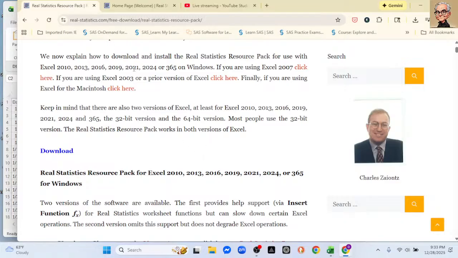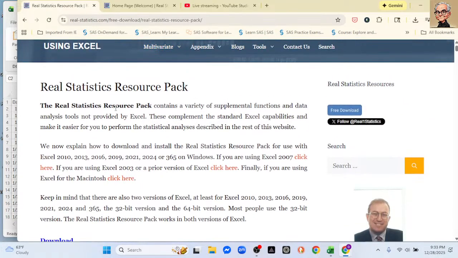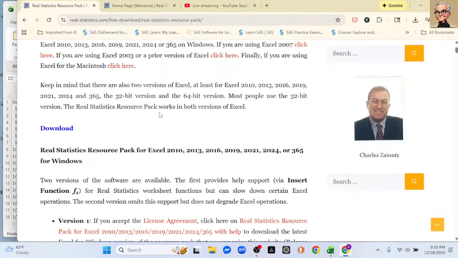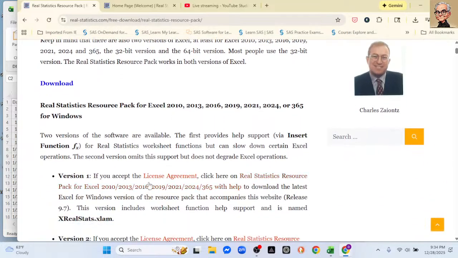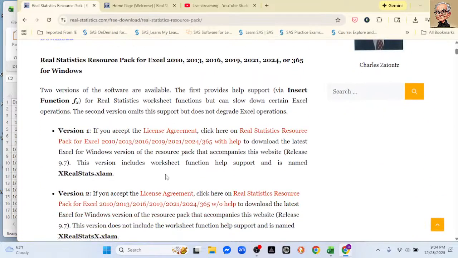We download it from this section here. Since we're working with Excel, hopefully you're working with Excel 2010 or newer. If you're not, it's also available for older versions up here. You just click this, download the extension, then install it, and then you have your code ready to go.